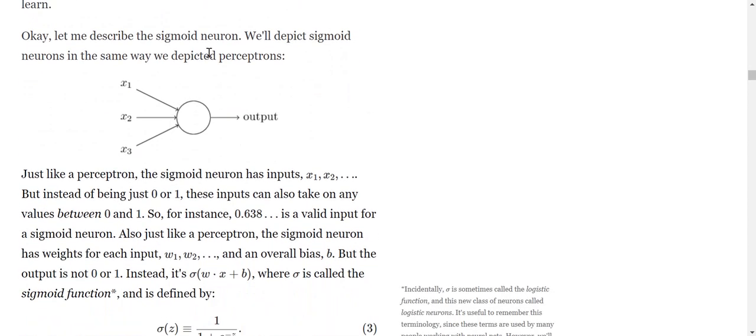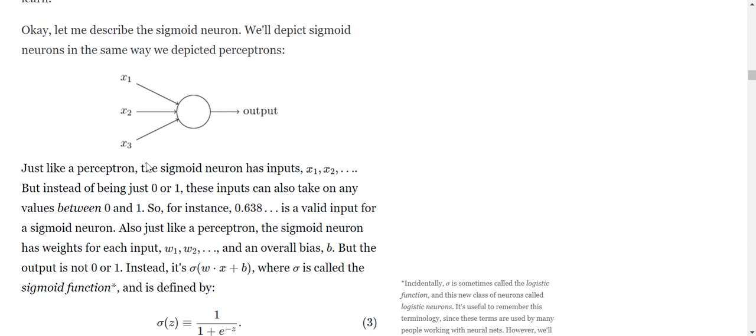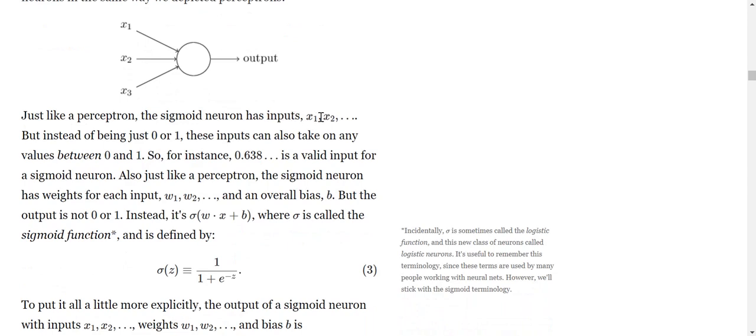Okay, let me describe the sigmoid neuron. We'll depict sigmoid neurons in the same way we depicted perceptrons. Just like a perceptron, the sigmoid neuron has inputs x1, x2, and so on. But instead of being just 0 or 1, these inputs can also take any value between 0 and 1. So for instance, 0.638 is a valid input for the sigmoid neuron.